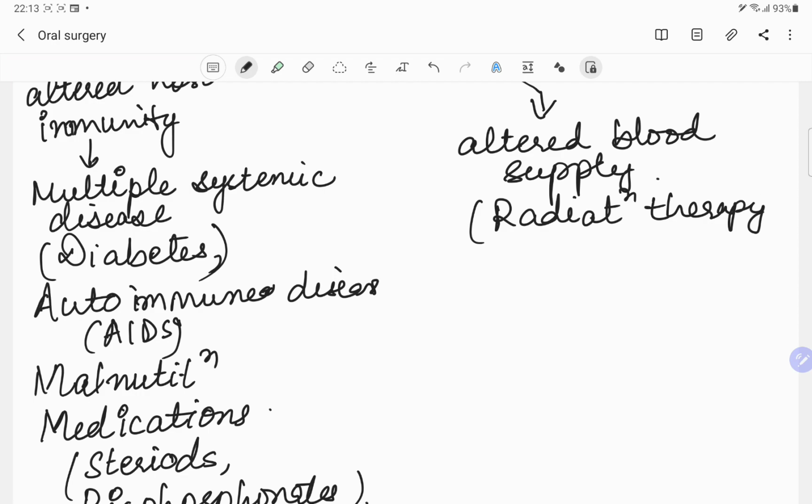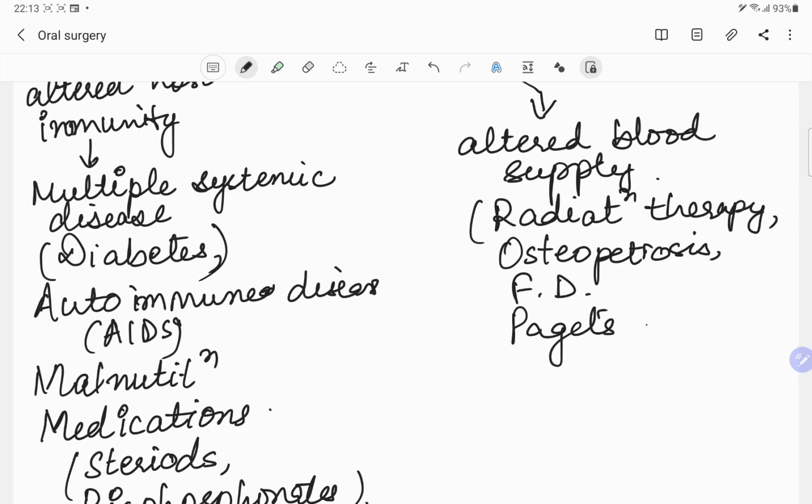Or if a person has any bone pathology like osteopetrosis, osteoporosis, Paget's disease, fibrous dysplasia, etc., all these conditions also predispose the individual to infections in the bone.